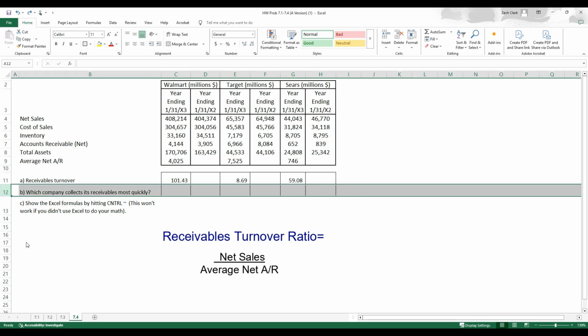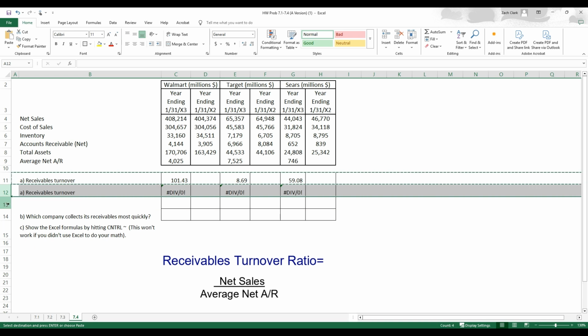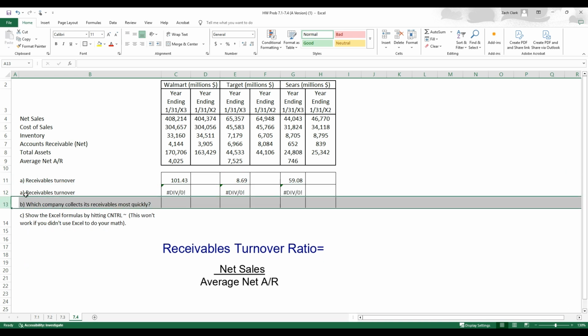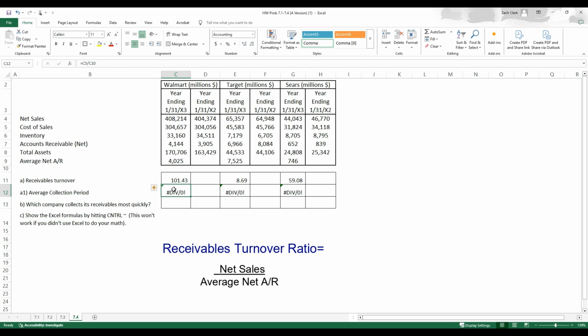I'm going to add a little something. I'm going to copy that row and paste it in. It doesn't ask us specifically to do this, but I'm going to call this A1, and I'm going to calculate the average collection period. That's a ratio or a metric that we talk about in this chapter, and it really speaks exactly to what we're trying to answer here.